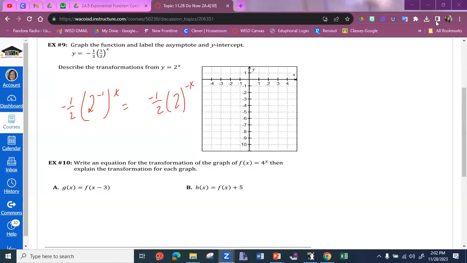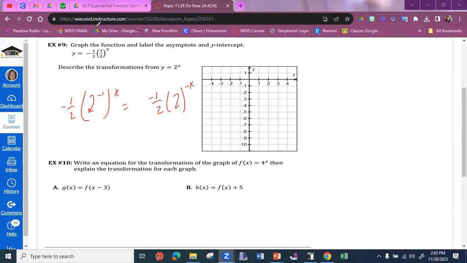All right, so on your do now, example number 9 at the end of yesterday's notes, it is asking you to manipulate y equals -1/2 times 1/2 to the x, so that you can describe what is the transformation from 2 to the x. Remembering here that 1/2 can become 2 to the -1, because if I have a negative power, that means whatever that negative power is attached to belongs in the denominator of a fraction.